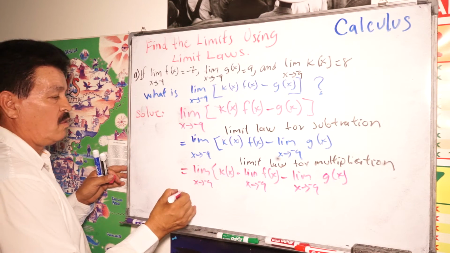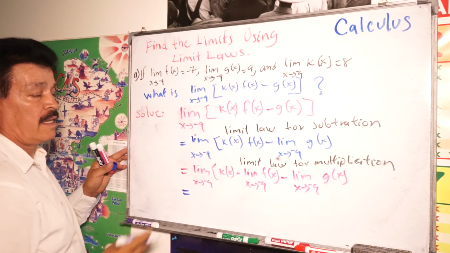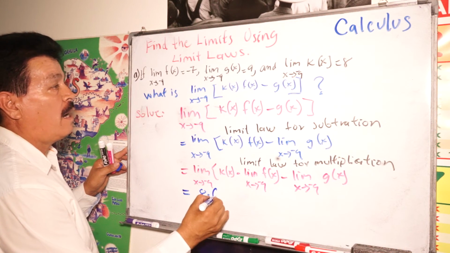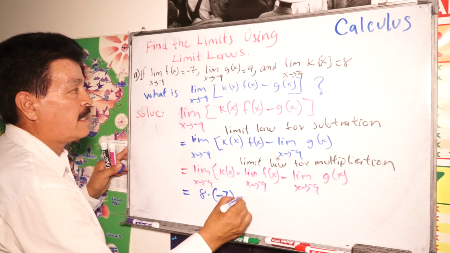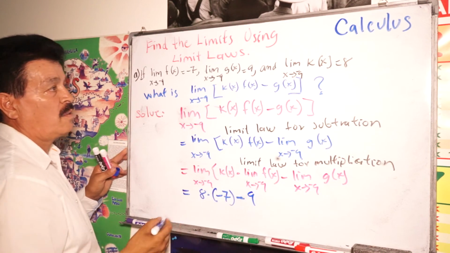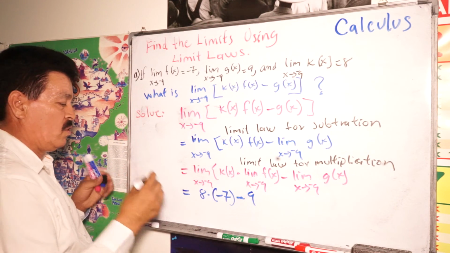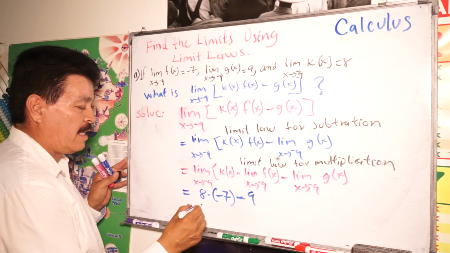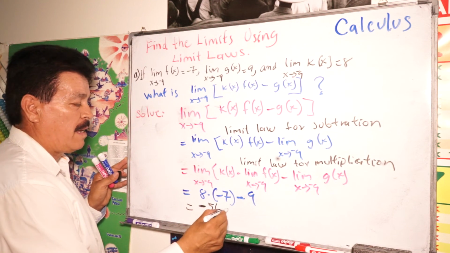So this should equal, you have the numbers right here, 8 times negative 7, minus 9, where 9 is g of x. Now simplify: 8 times negative 7 is negative 56, minus 9.